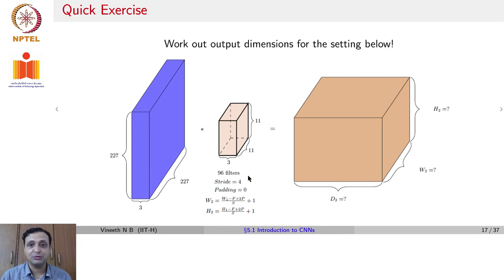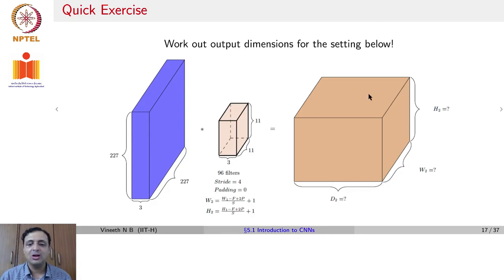Let's assume a stride of 4 and a padding of 0, no padding. We already know that the formula is W2 is equal to W1 minus F plus 2P by S plus 1, and similarly for H2. Can we now find out what D2, W2 and H2 are?